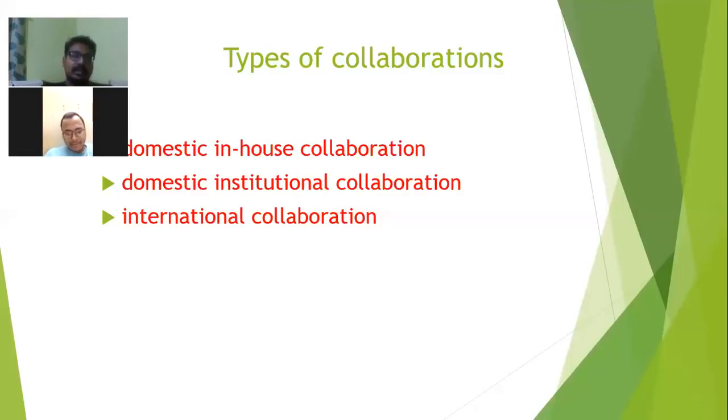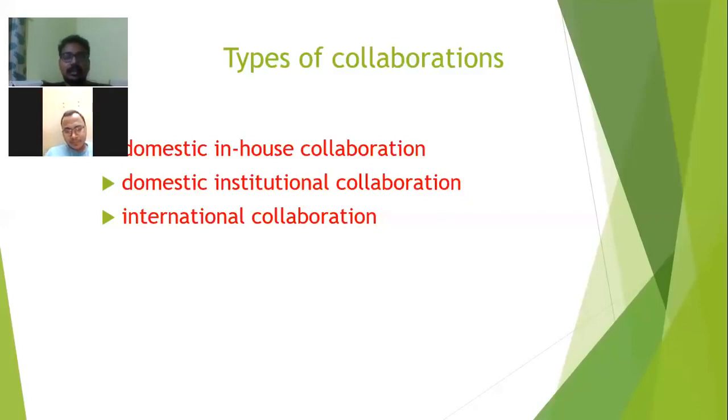Specifically, I find that international collaborations work very well when you are working in the field of, say, social sciences or humanities, or even engineering, when you do not have hardware oriented problems, but software oriented problems where everyone can collaborate in real time.